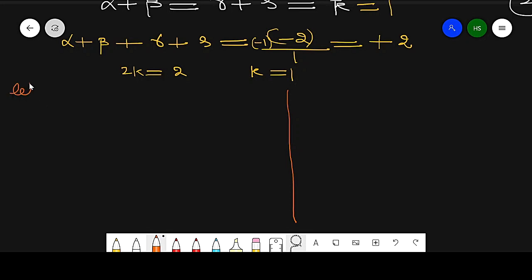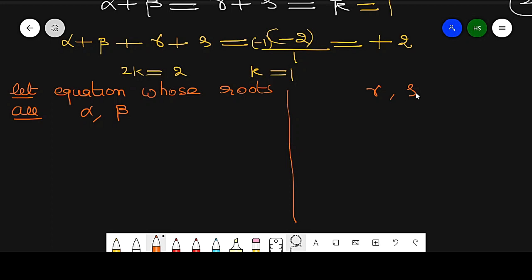So let the quadratic equation be the equation whose roots are alpha, beta. Similarly, construct an equation whose roots are gamma and delta.